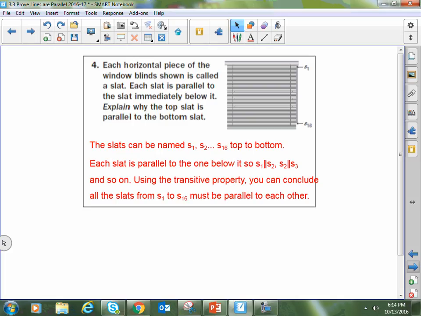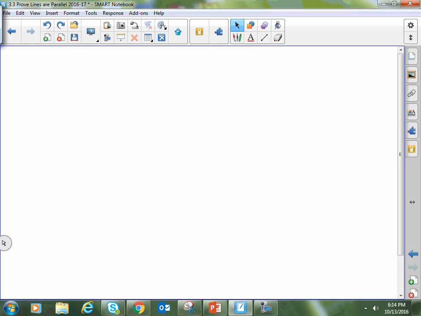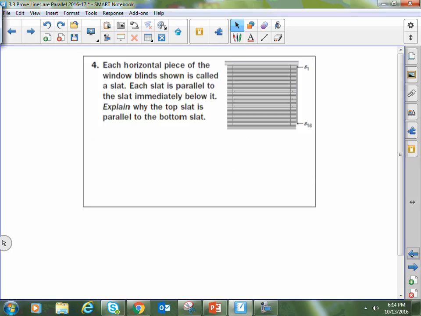So moving on. Oh, and that's pretty much it for this one. Just to recap, here we're using the converses of the theorems that we saw in the last lesson. In the last lesson we said, if these lines are parallel, then these angle relationships occur.